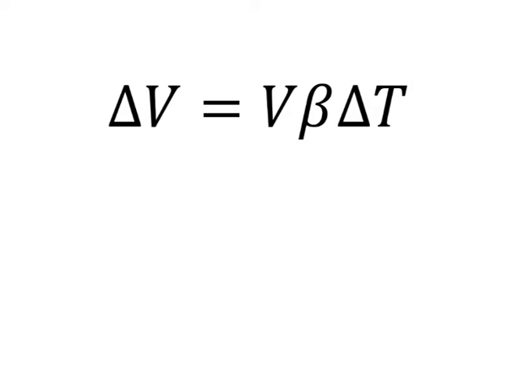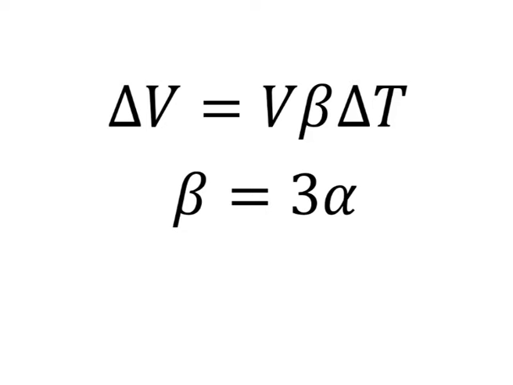If the temperature of a solid or liquid whose volume is V is increased by an amount delta T, the increase in volume is found to be delta V equals V beta delta T. Here, beta is the coefficient of volume expansion of the solid or liquid. The coefficients of volume expansion and linear expansion for a solid are related by beta equals 3 alpha.